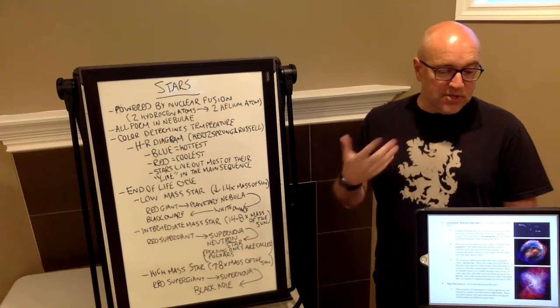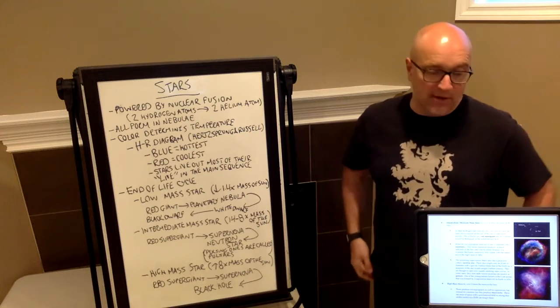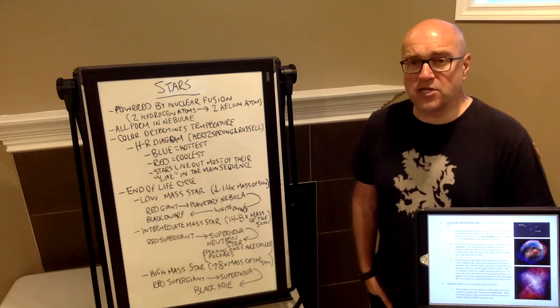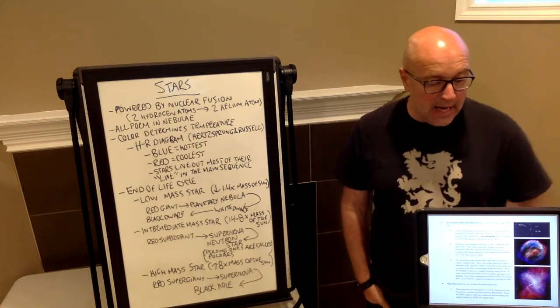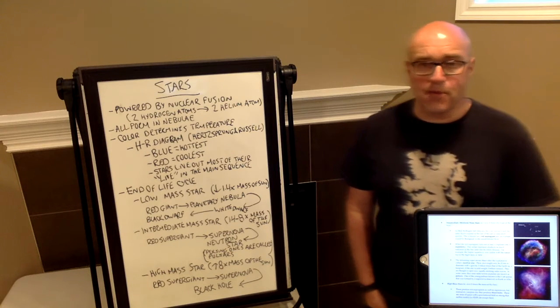Now, when the red supergiant runs completely out of fuel, because all the hydrogen has been spent, it will actually explode. It won't produce a nebula. It will produce what's called a supernova. These supernovas are huge events. They can sometimes destroy the star in the process.